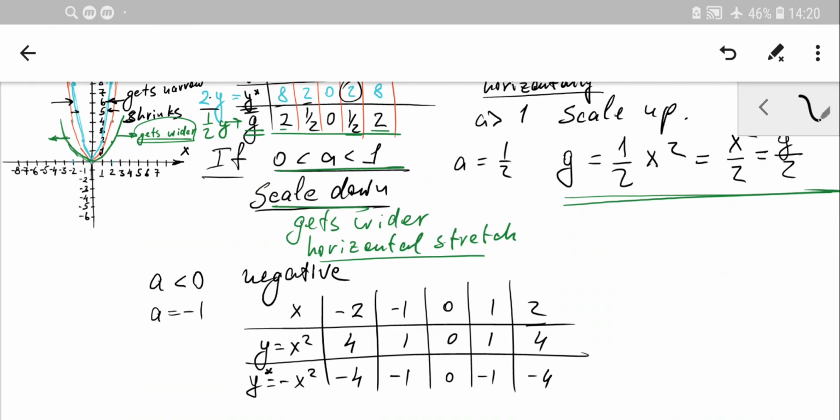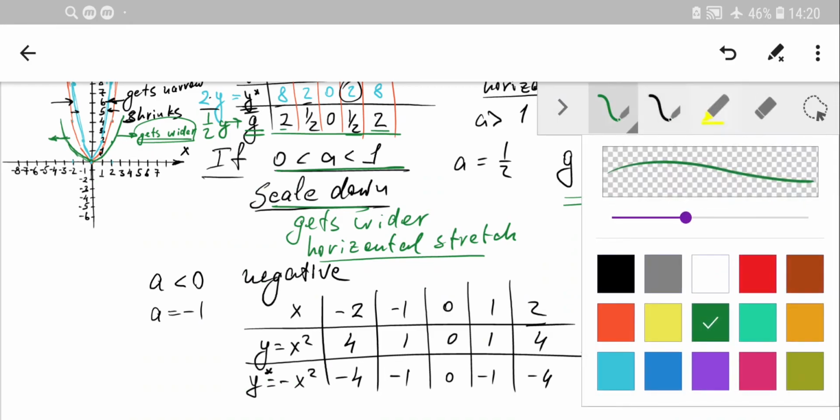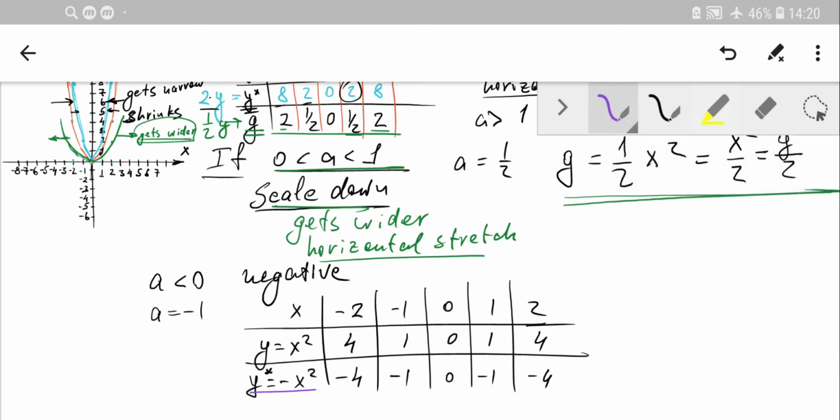In this case, I'll use, let's say, this purple one. And using the purple color, I just briefly drop the points -4, -1, 0, -1, -4 for all previous values for x.